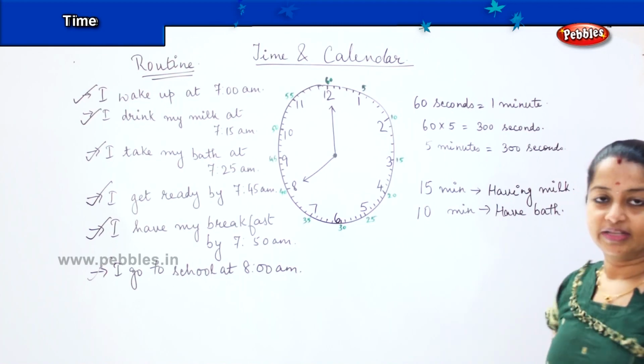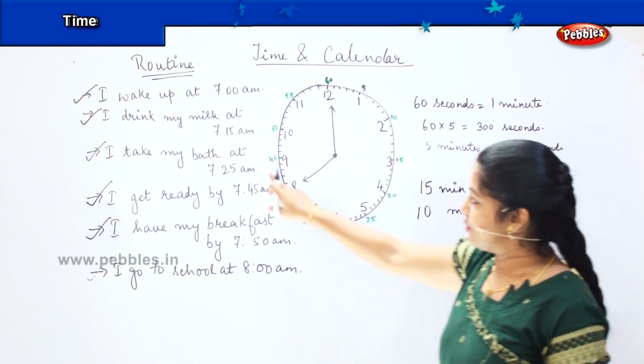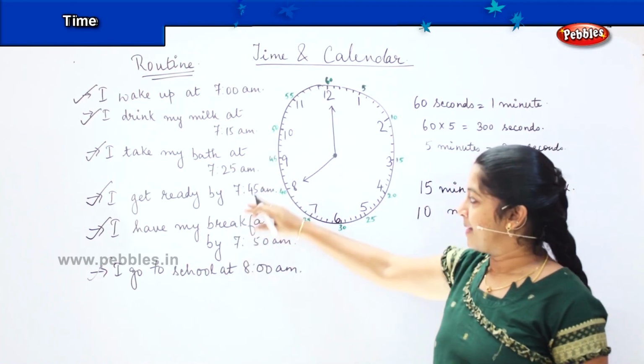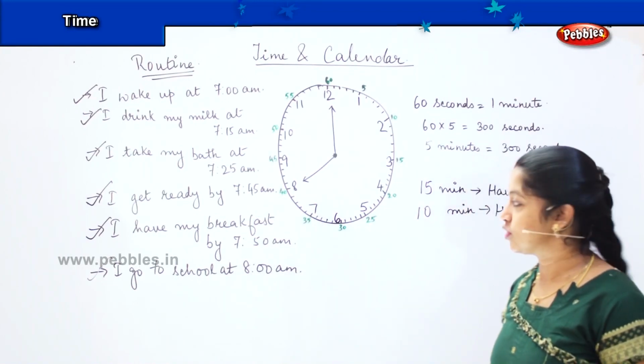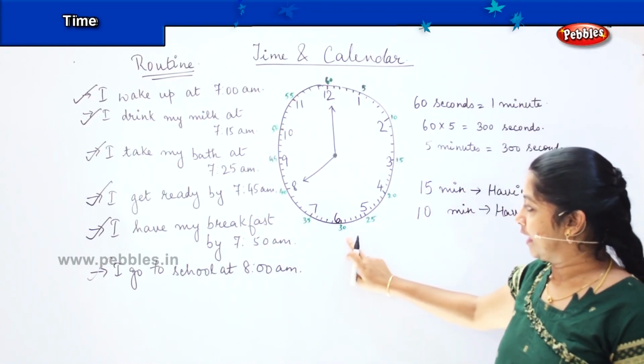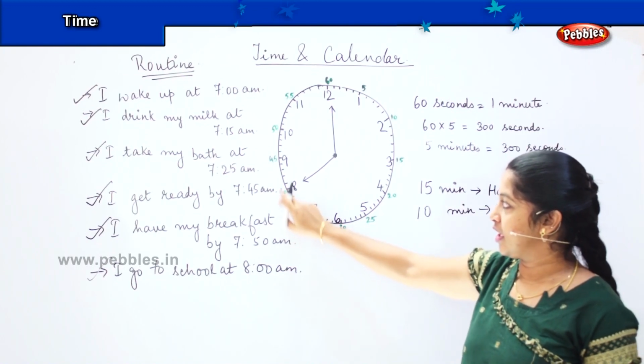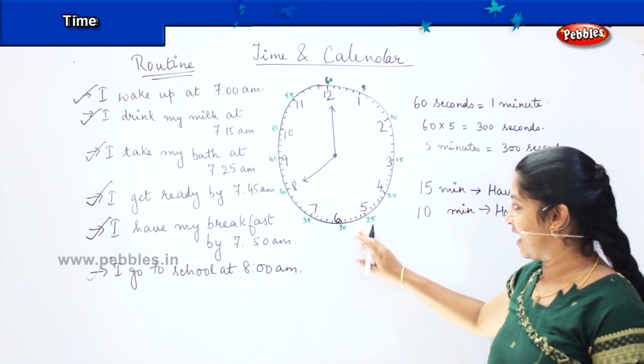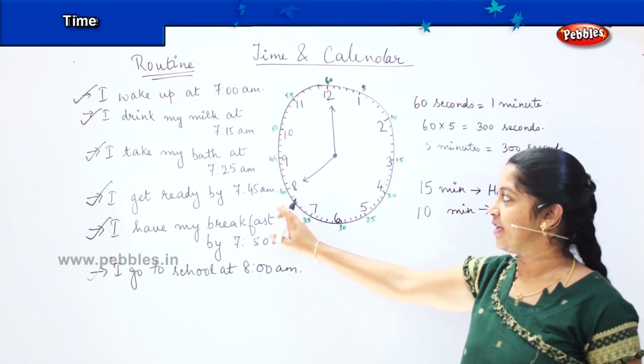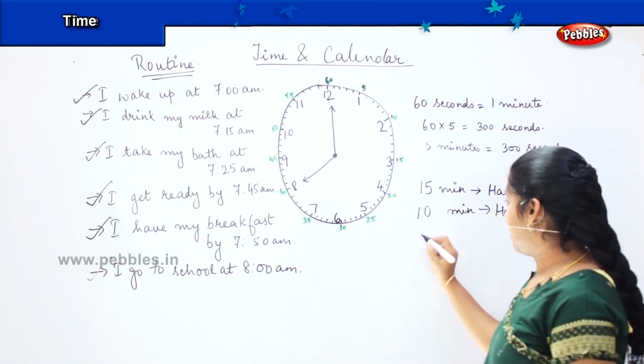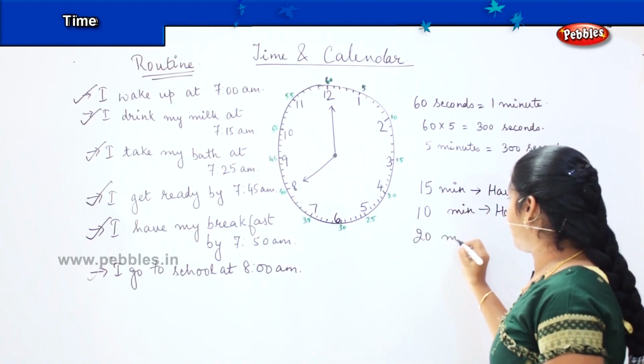Yes? After that, what do you do? So, at 7:25, you finish your bath and by 7:45, you get ready. So, which means from 25, 30, 35, 40, 45, which is 5, 10, 15, 20. You take 20 minutes to get ready.